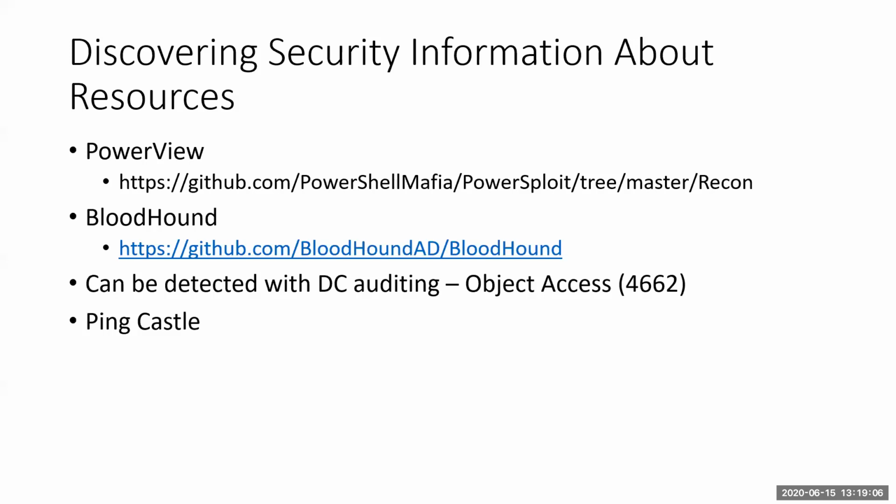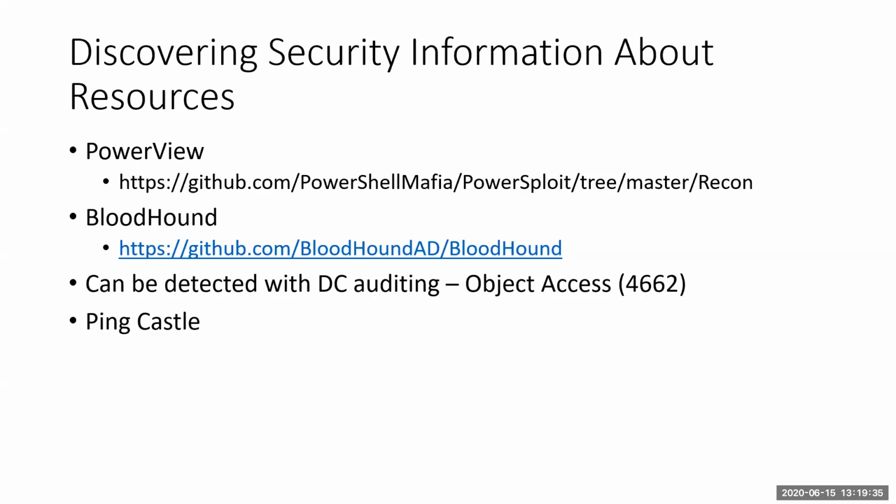Some of the tooling that I'm just going to briefly go over is PowerView, which is an open source tool framework that has tons of functionality for precisely querying your Windows environment and getting good information about it. There's another tool that's quite useful as well. It's called BloodHound, and very easy to run. And this gives you a graphical visualization of the security of your whole entire Active Directory infrastructure.